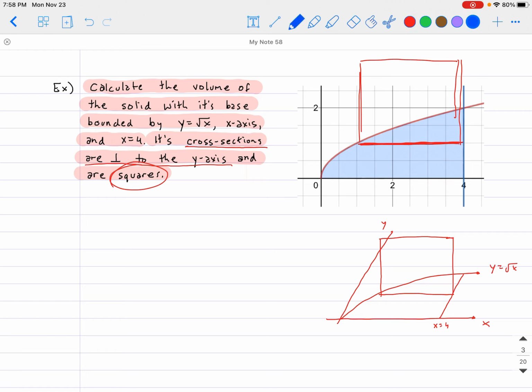Now, if I go lower, I can do the same thing right here. You can see I can build another square as well. So this is going to be the other part. And then let's maybe do a few more just so you can see everything. So here is going to be another square for its cross section.